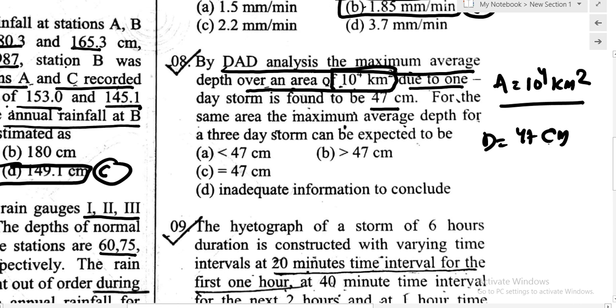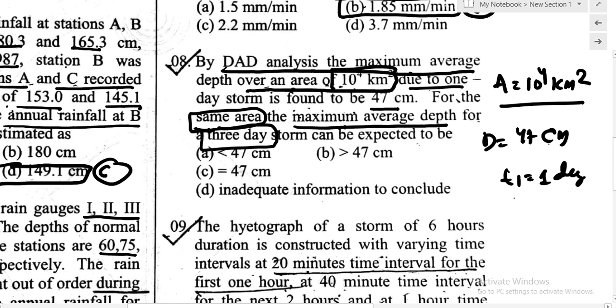For the same area, the area is not changing, the maximum average depth for a 3 day storm can be how much? The duration has changed from 1 day to 3 day. So it is asking whether the depth is less than, greater than or equal to.